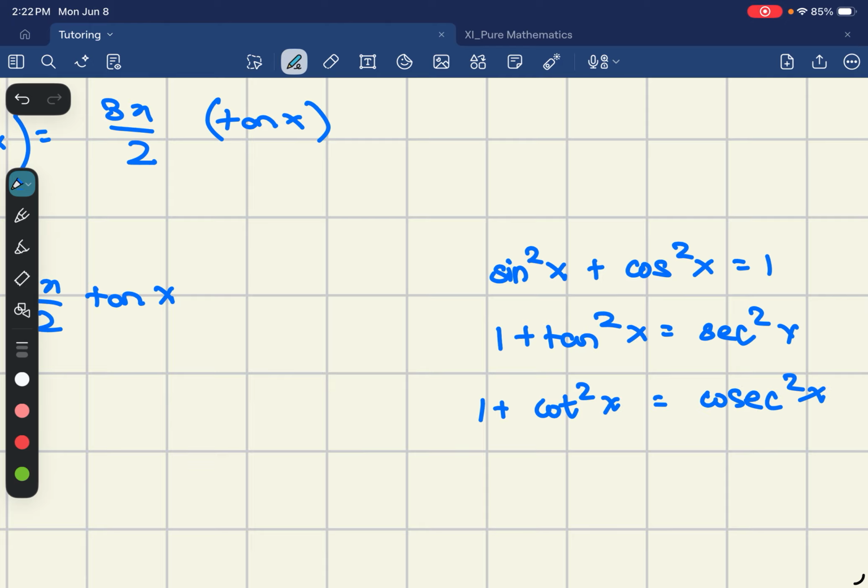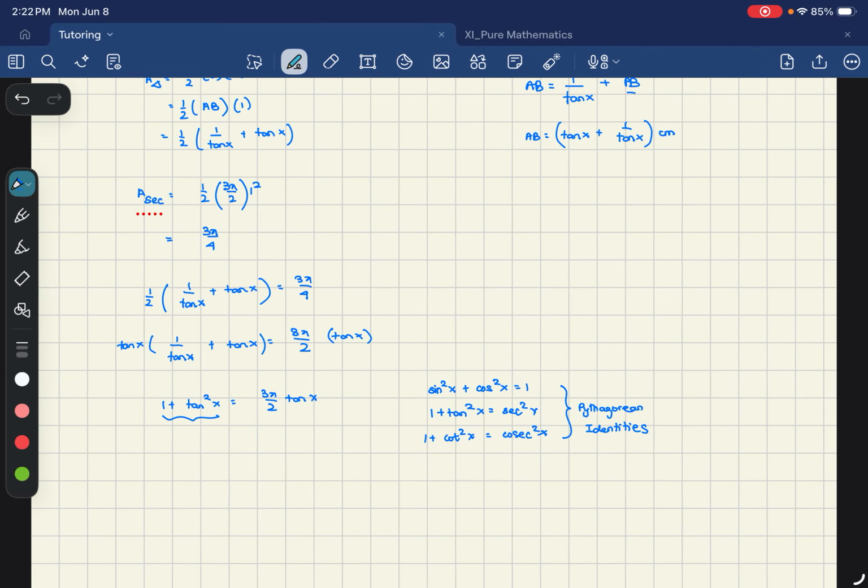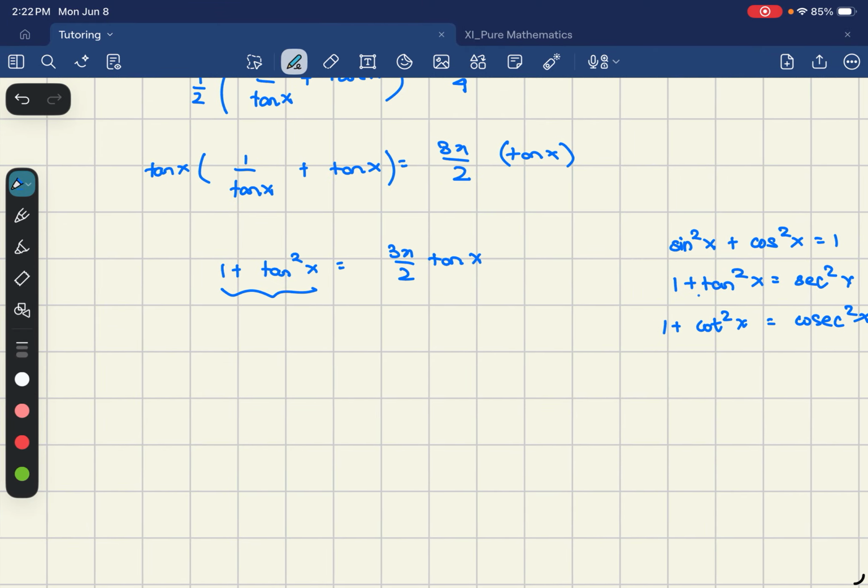These are what we call your Pythagorean identities. We are going to look into them more in future videos. But we are going to use them now, and this matches this expression. So my left-hand side is just going to be secant squared x is equal to 3 pi over 2 tan x.